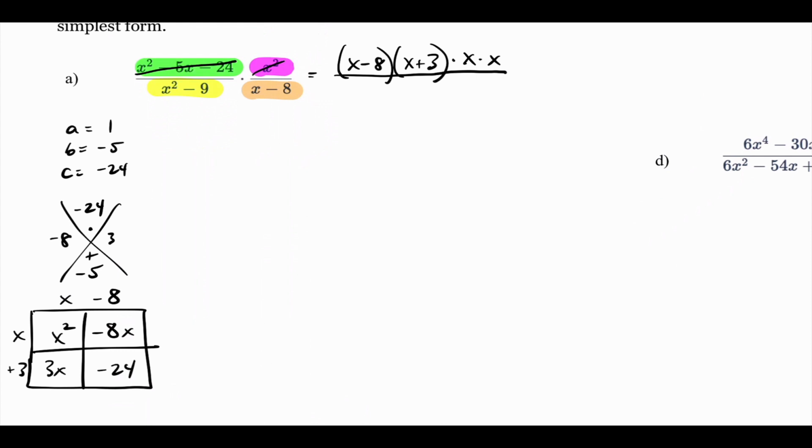It's got squared, it's got a minus, and 9 is a perfect square. 9's a perfect square because it's 3 times 3. Okay, so that one's going to factor. It's going to be x minus 3 and x plus 3. Okay, that one's factored.